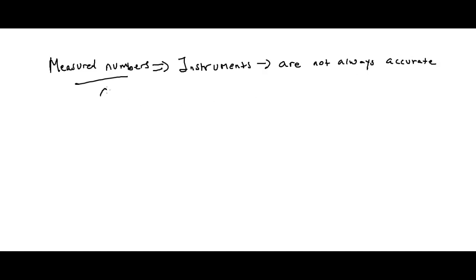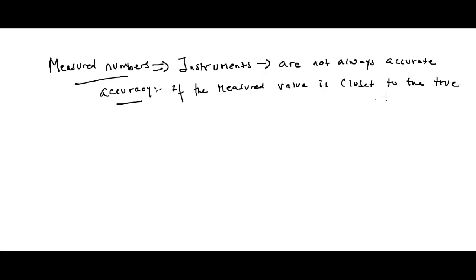Accuracy means that the measured value is closest to the true value, or you can say the standard value. That's called accurate.